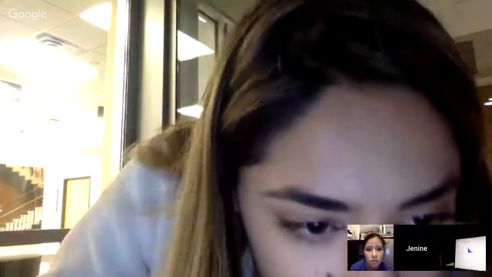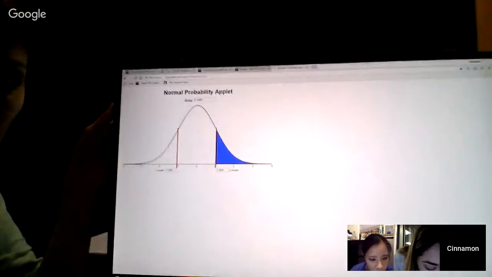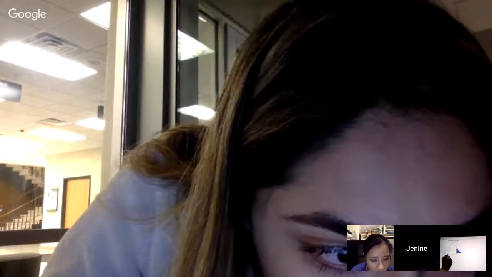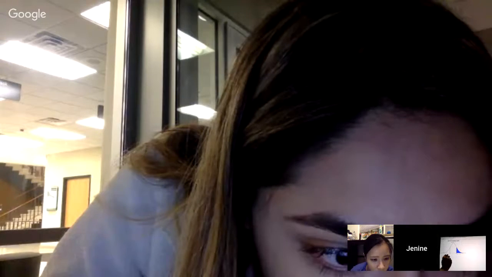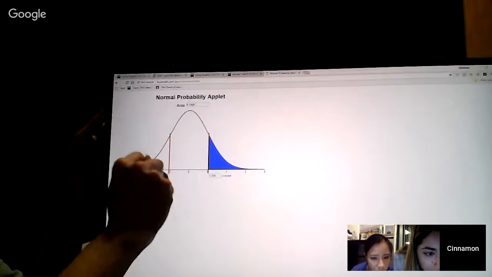Let me see. Hold on. Can you zoom in on what you have on the left side for the Z-score? I'm over here. I have negative 1.045. Oh, that was my problem. Okay, I did 0.145. Oh, okay. Yeah, that makes a big difference.